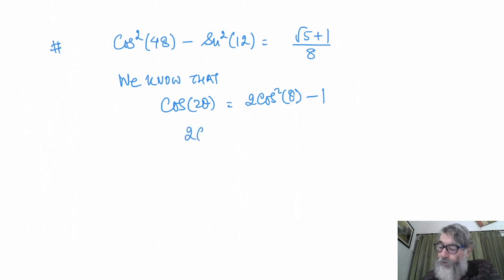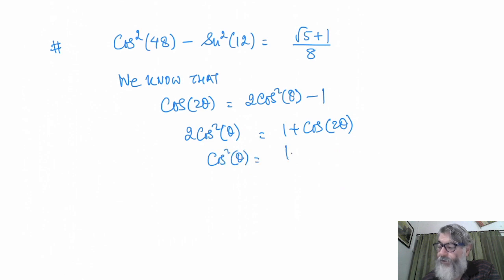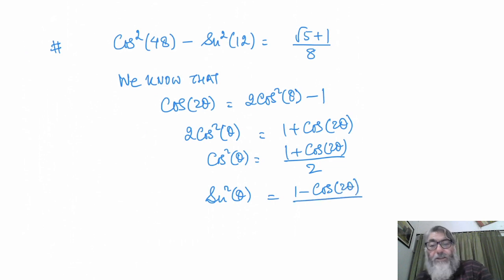Or 2 cos square theta is equal to 1 plus cos 2 theta, or cos square theta is equal to 1 plus cos 2 theta upon 2. Similarly, sin square theta is 1 minus cos 2 theta upon 2. These are the standard formulas.